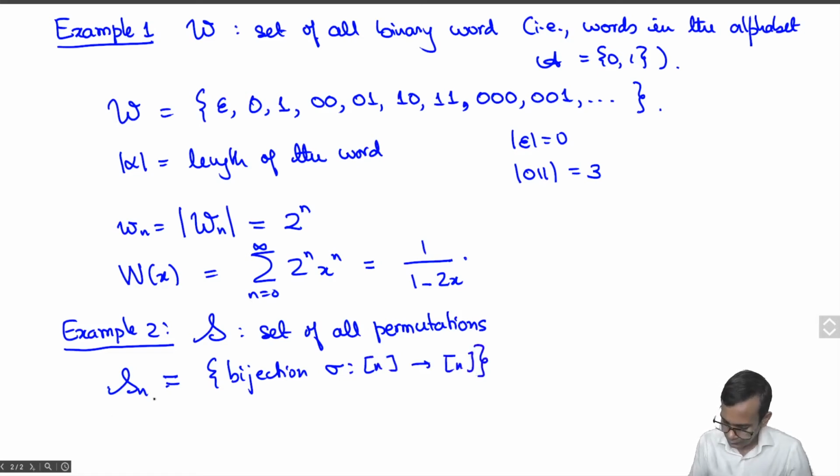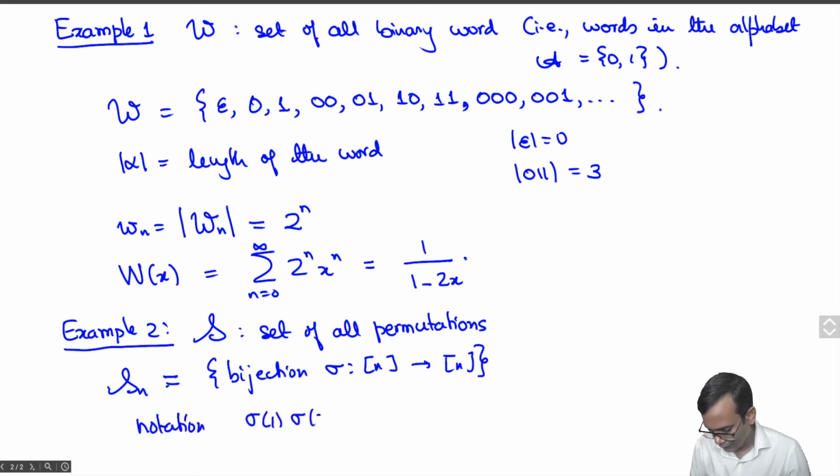And usually we write a permutation in one line notation. So a permutation is written as sigma 1, sigma 2, ..., sigma n, which denotes a permutation of size n.